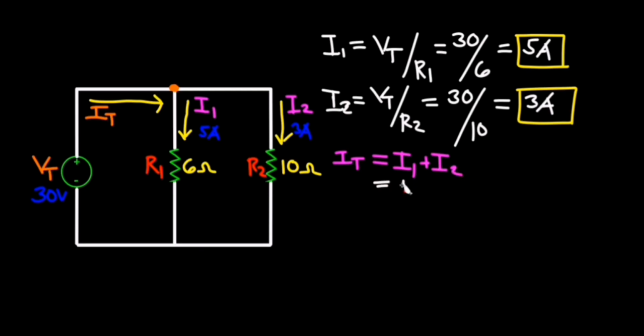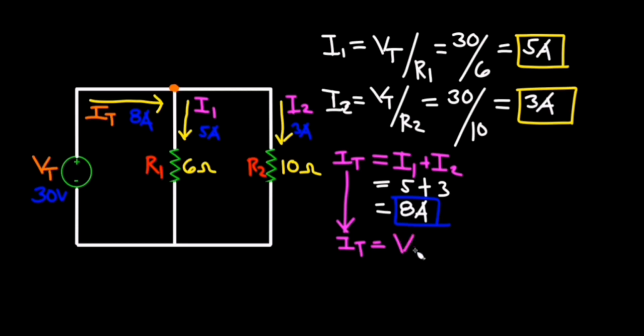Plugging in the values, 5 plus 3. It's gonna be 8 amperes. But you can also solve IT by voltage source Vt divided by total resistance, RT. Later, I'll show you how to solve this.